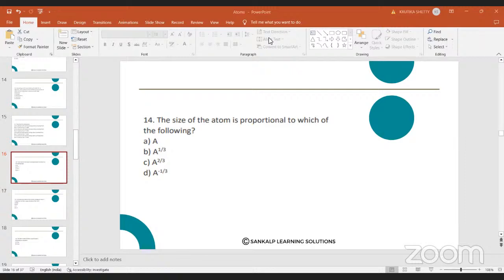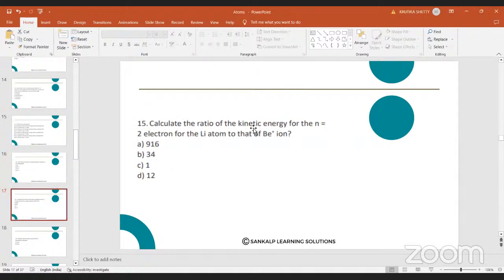Yes, Nandish is saying B. Damini is saying B. Yes, option B is correct. That is A to the power 1/3. Okay.